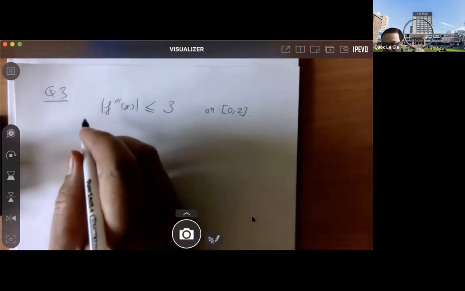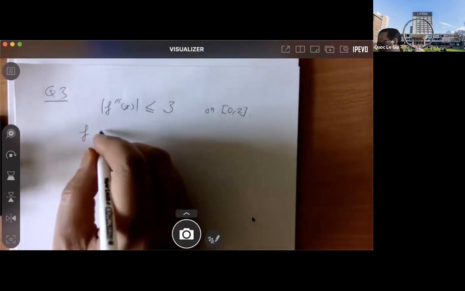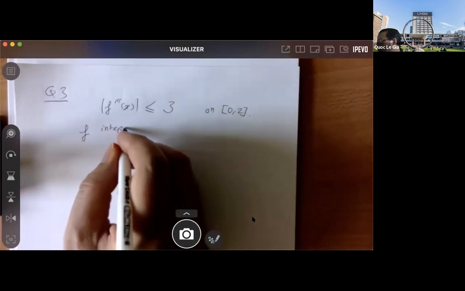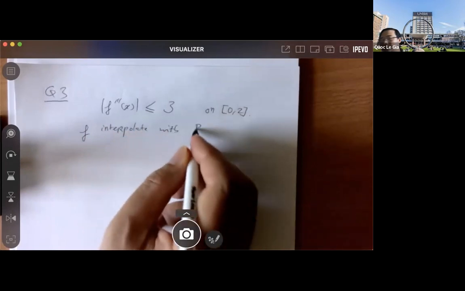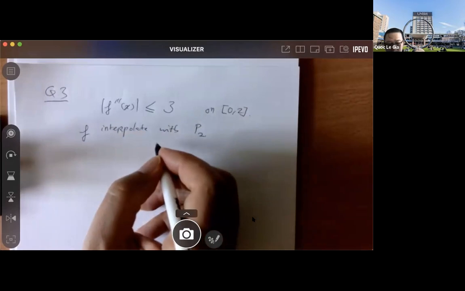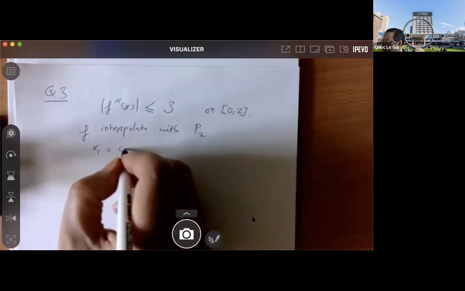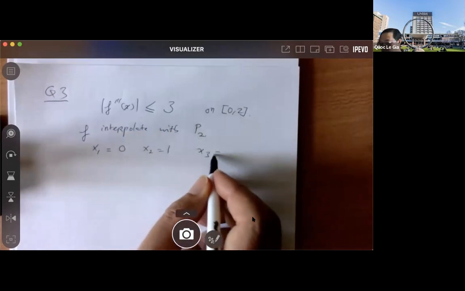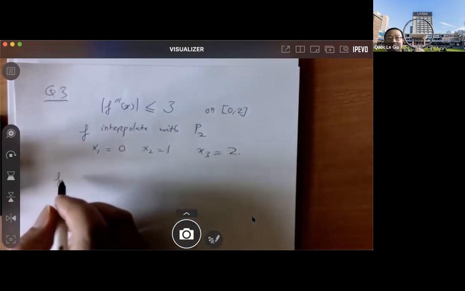Then I try to interpolate f with P2, the polynomial of degree 2, over 3 points: x1 equals 0, x2 equals 1, and x3 equals 2. Now I want to estimate the error at 1.5.